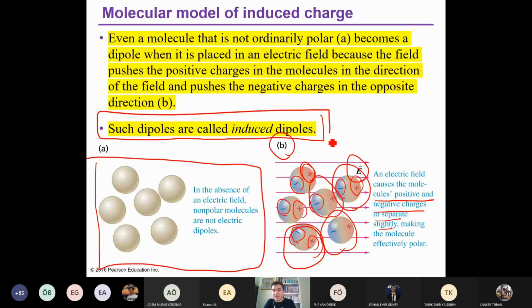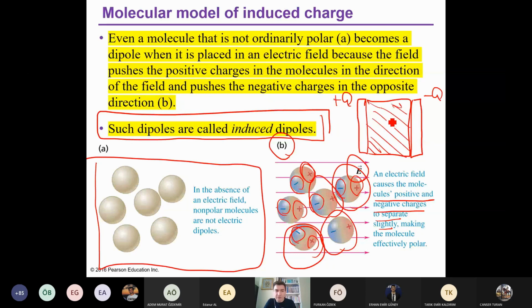Here we have a positively charged plate in a capacitor. Here on the right side we have a negatively charged plate, and we insert a dielectric material between the plates. Okay, actually dielectrics are insulating materials. Let's consider they look like this.